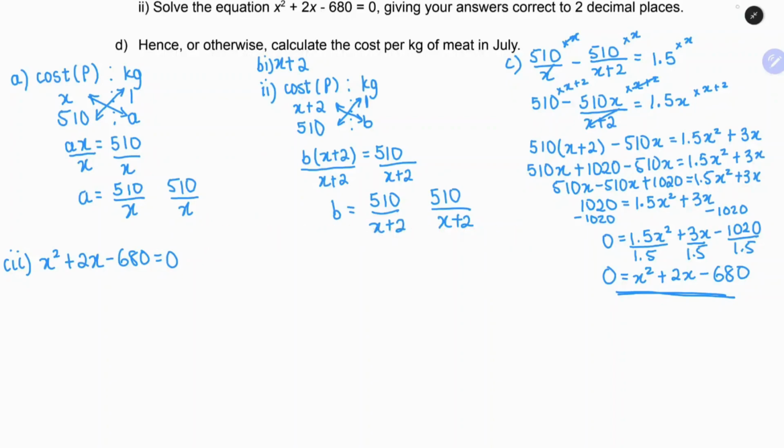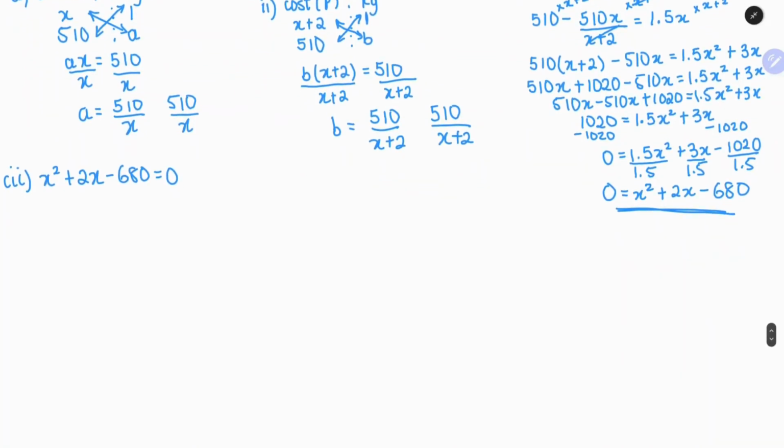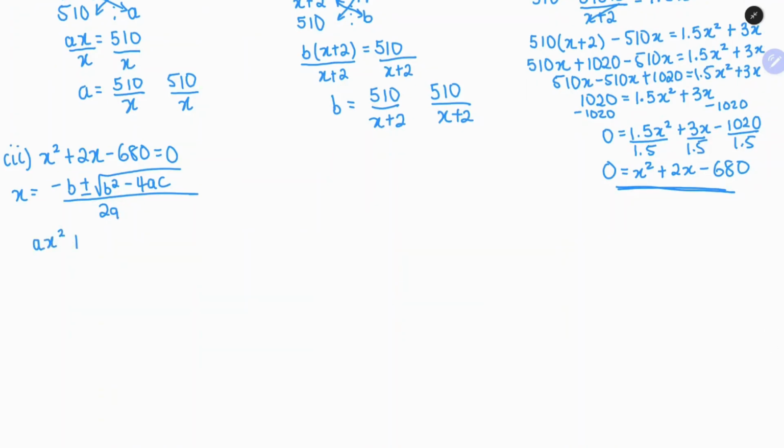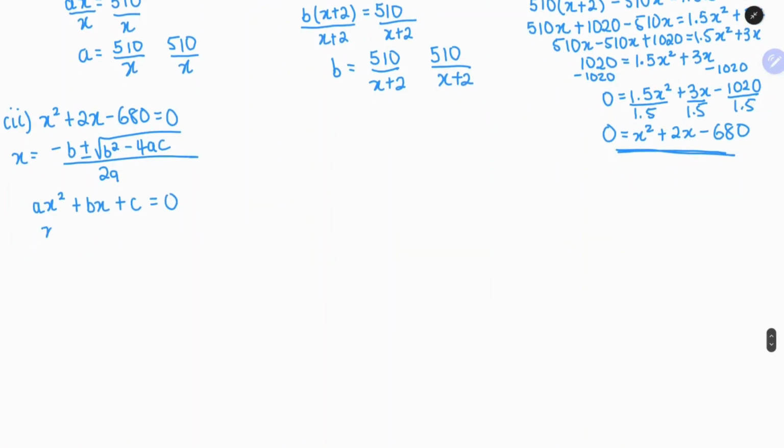So we're going to write down the quadratic formula, which is going to be negative b plus or minus the square root of b squared minus 4ac, divided by 2a. As we said, remember ax squared plus bx plus c is equal to 0. Remember, write it down again, x squared plus 2x minus 680.